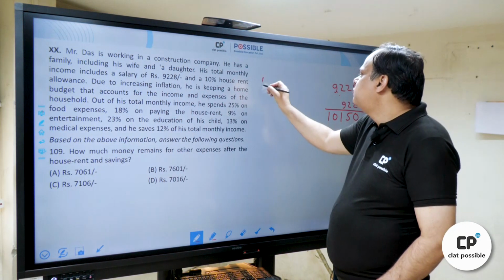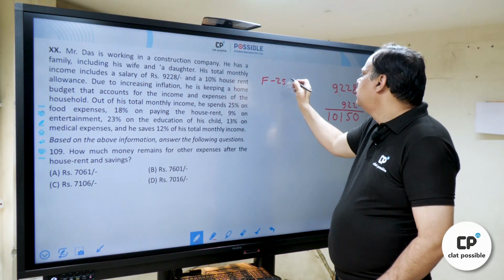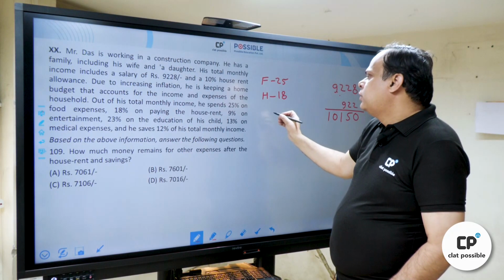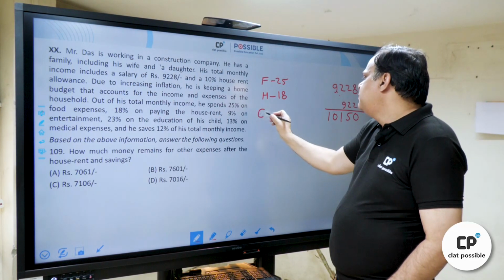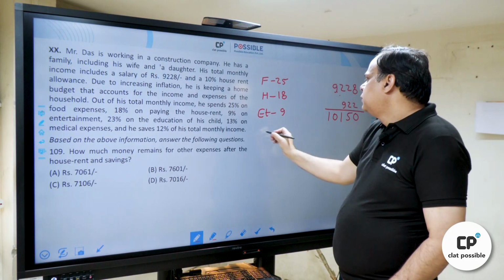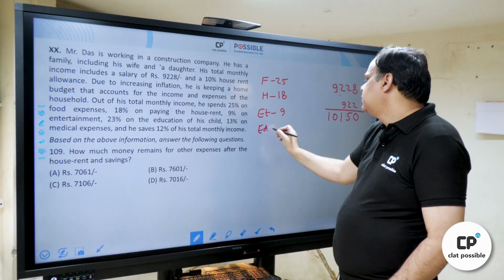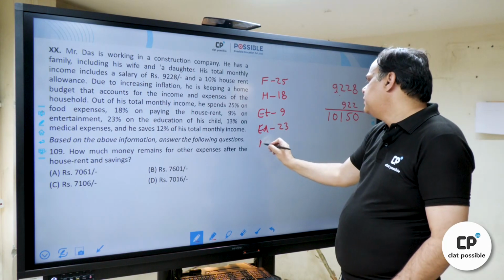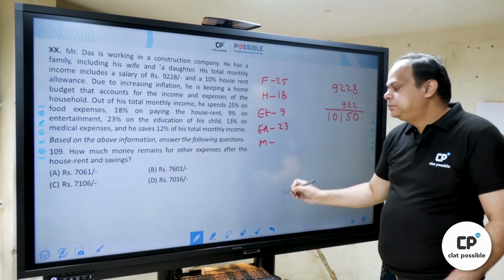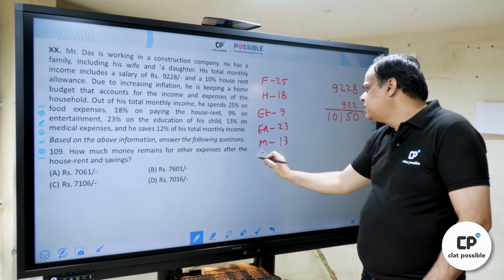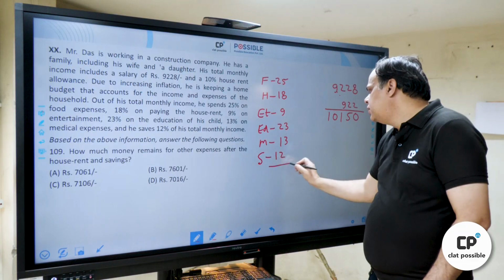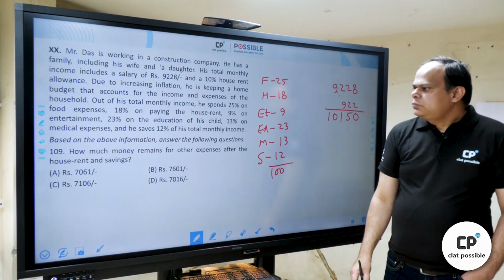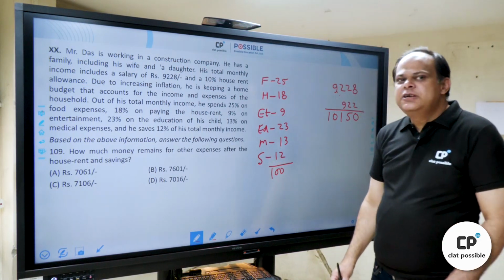Expenses wise, we are given that food is 25%, house rent is 18%, entertainment is 9%, education is 23%, medical expenses 13%, and savings is 12%. Total it becomes 100%. So, fairly simple case.